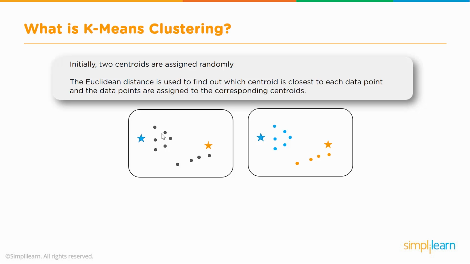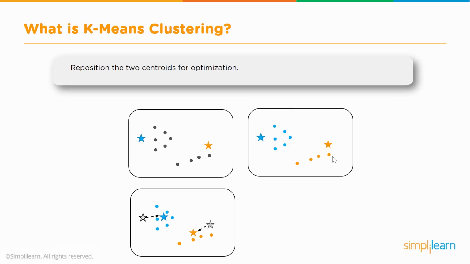So for example, in this case, visually it is very obvious that all these data points are assigned to this centroid and all these data points are assigned to this centroid. And that's what is represented here in blue color and in this yellow color. The next step is to actually determine the central point or the actual centroid for these 2 clusters.